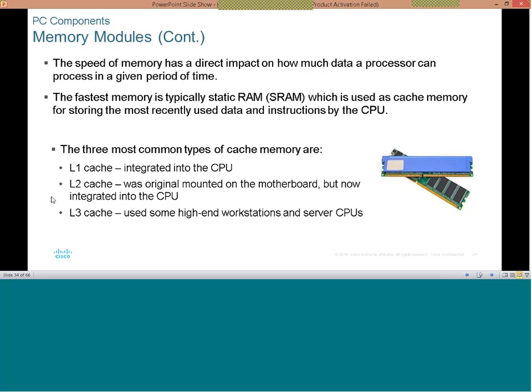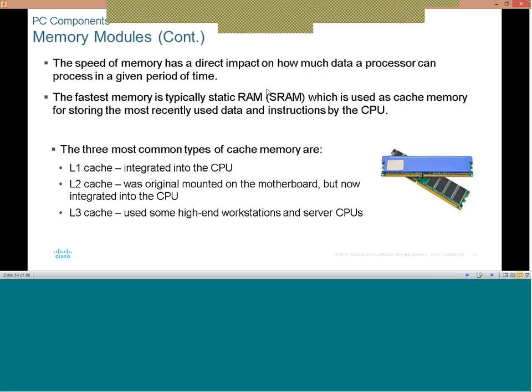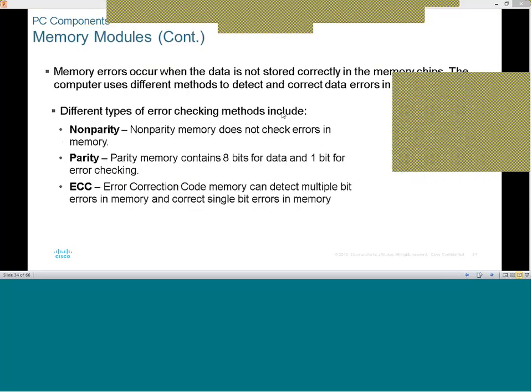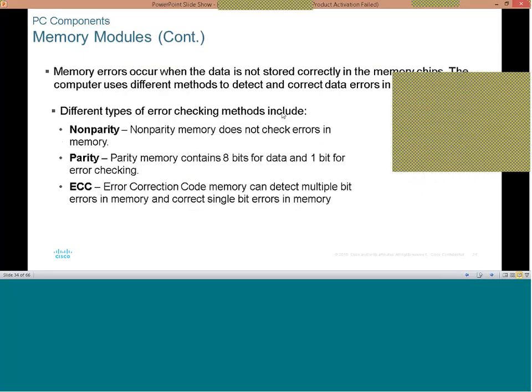And then from the external memory, it comes back to L3. So you can see that whole flow, which I said is referred to as the pipeline, a way of routing and receiving information from the external memory to the CPU for processing. So that is cache memory for you there.